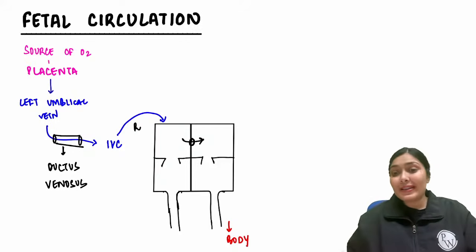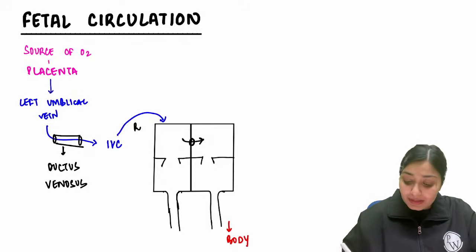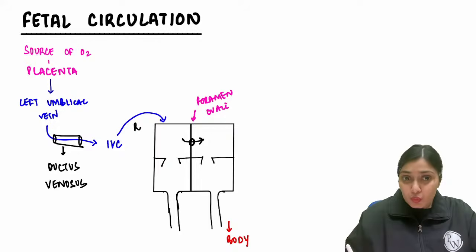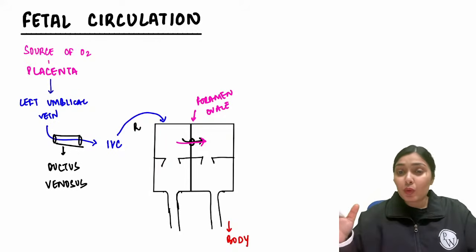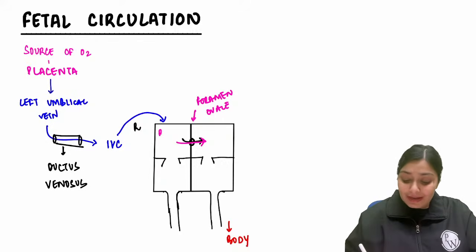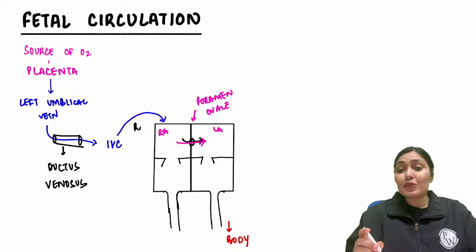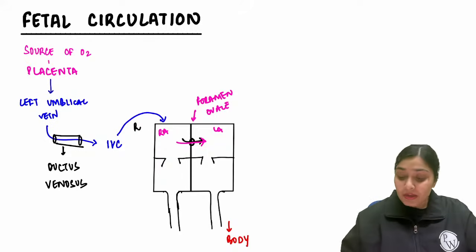This hole is known as the foramen ovale. About one third of the blood will go through this hole between the two atria, the right atrium and the left atrium. This is known as the foramen ovale.